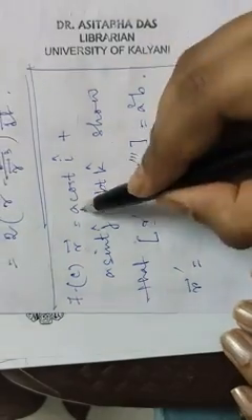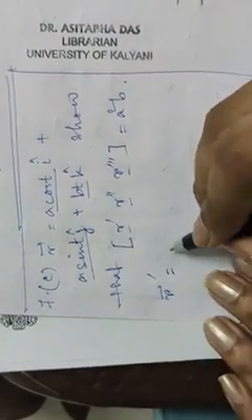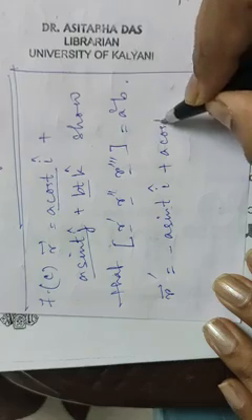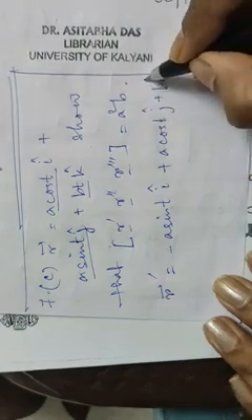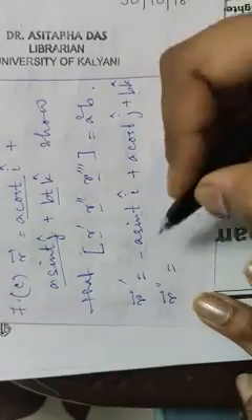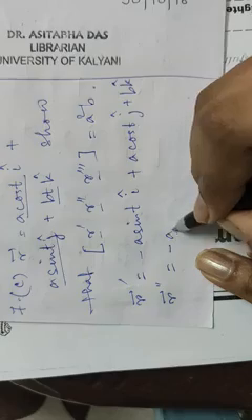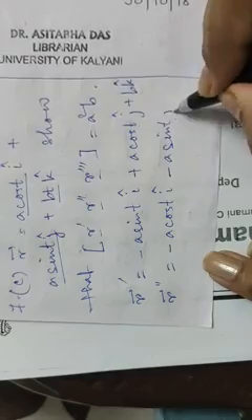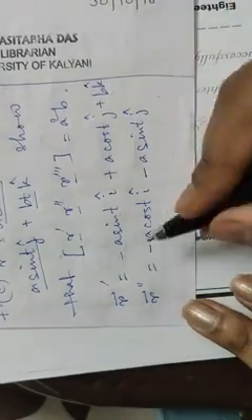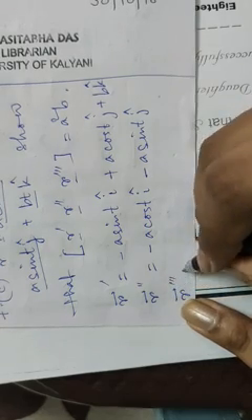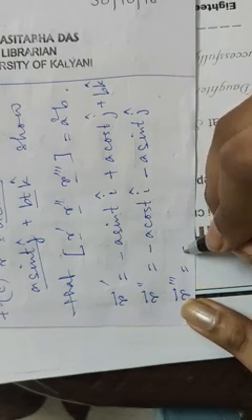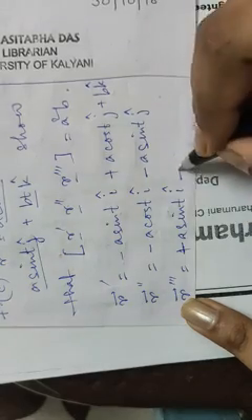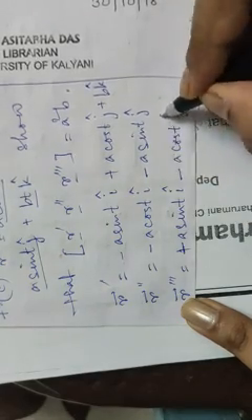R dashed will be just the derivative of its components, so it will be minus a sin t i cap plus a cos t j cap plus b k cap. Then r double dashed will be minus a cos t i cap minus a sin t j cap, and the remaining part is 0. And r triple dashed will be plus a sin t i cap minus a cos t j cap.